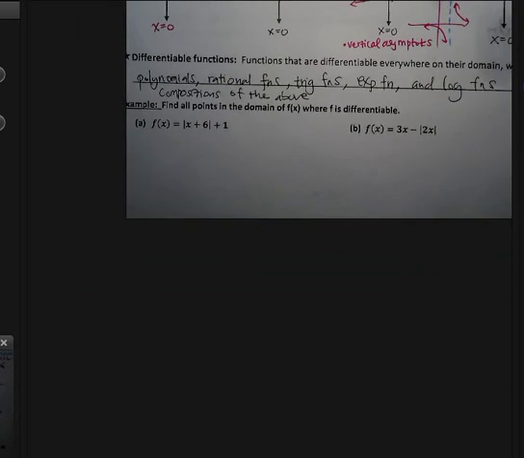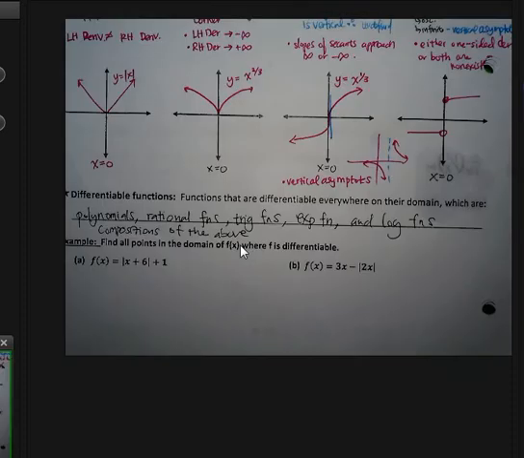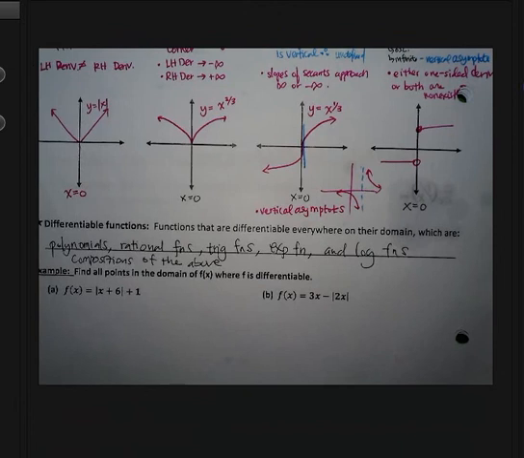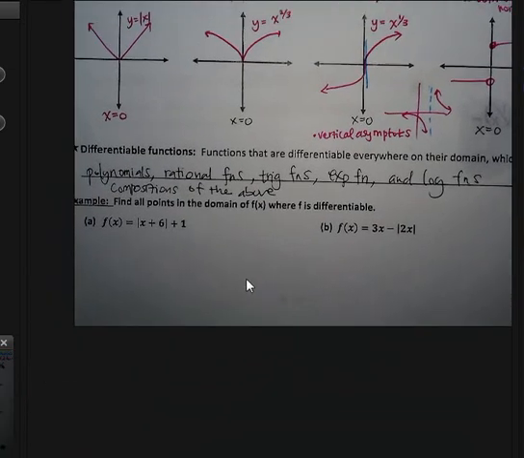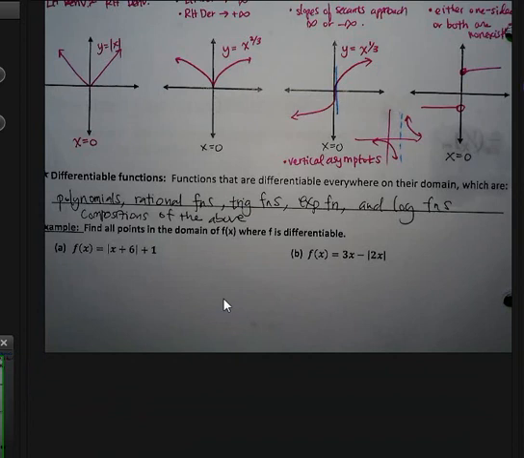Polynomial functions, rational functions, trig functions, exponential functions, log functions, compositions of the above are all differentiable everywhere.